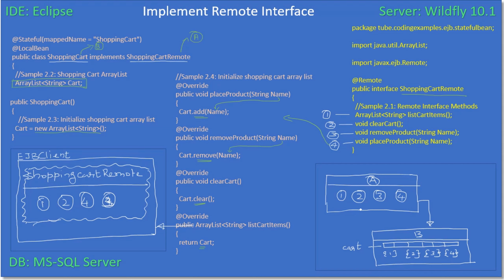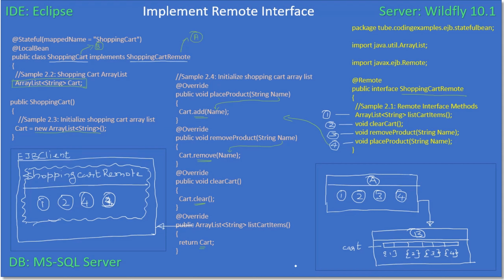Functions 1, 2, 3, 4 are defined in ShoppingCartRemote, type A, which is implemented by type B, which is nothing but our class ShoppingCart, which contains an array and implements all 4 functionalities defined in this remote interface.